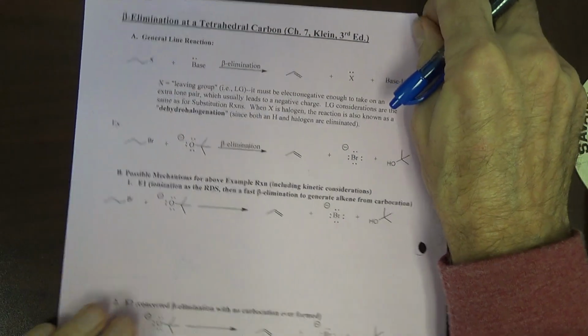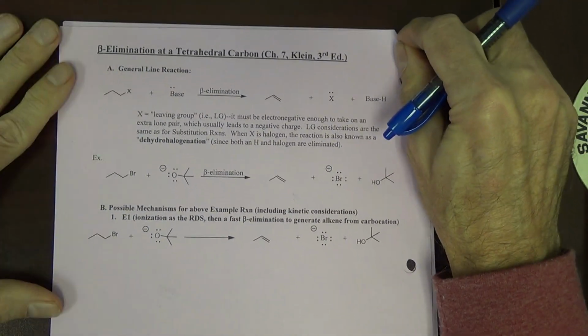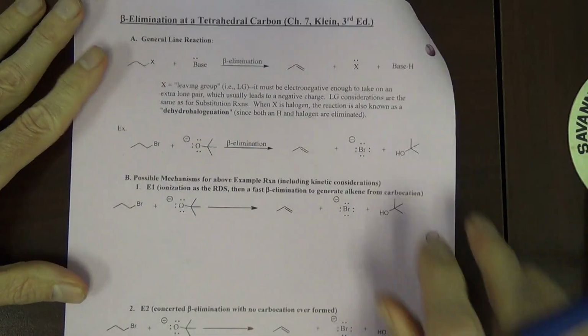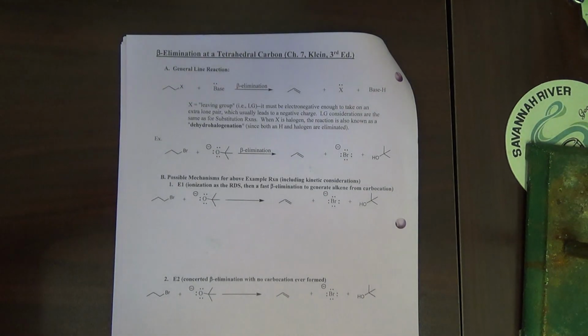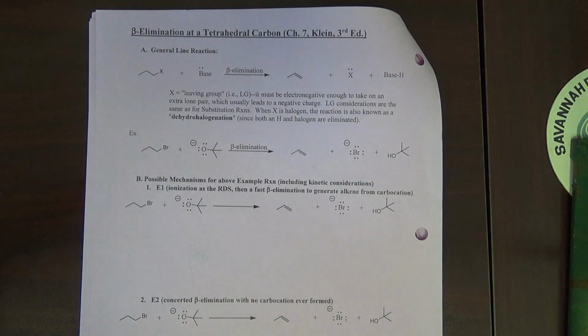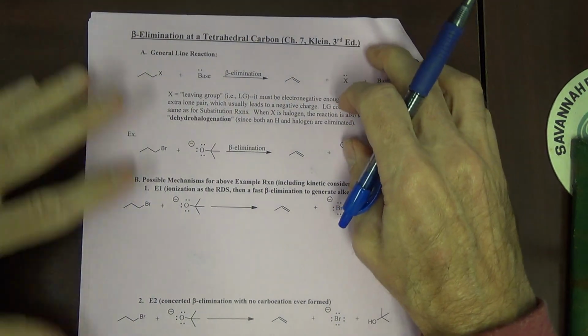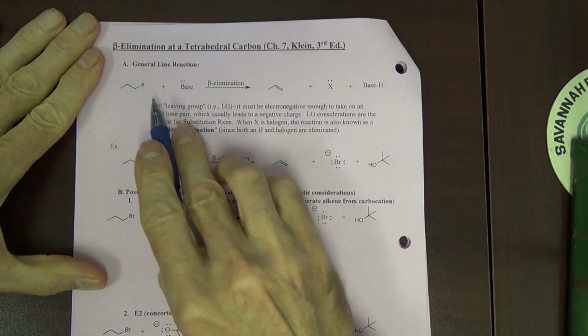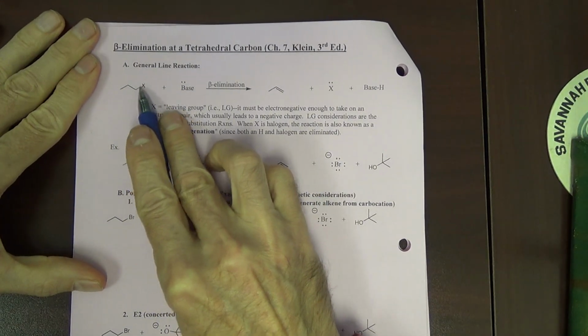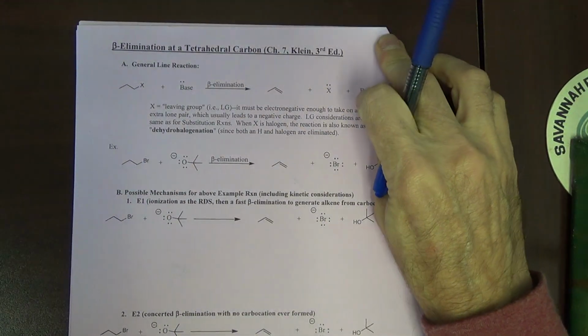Beta elimination at a tetrahedral carbon. General line reaction. Again, a substrate, tetrahedral carbon with a leaving group, denoted X here.